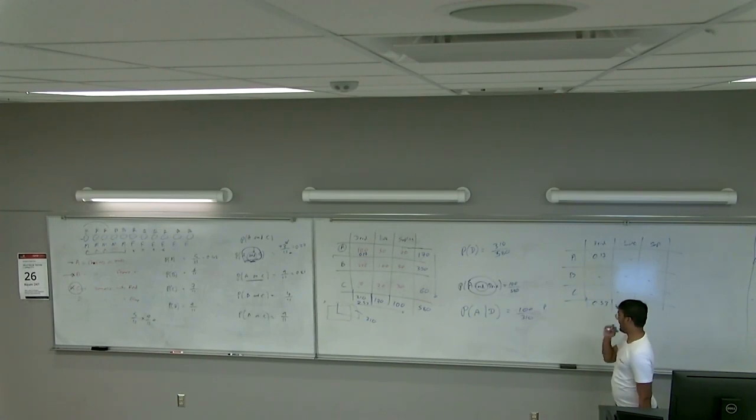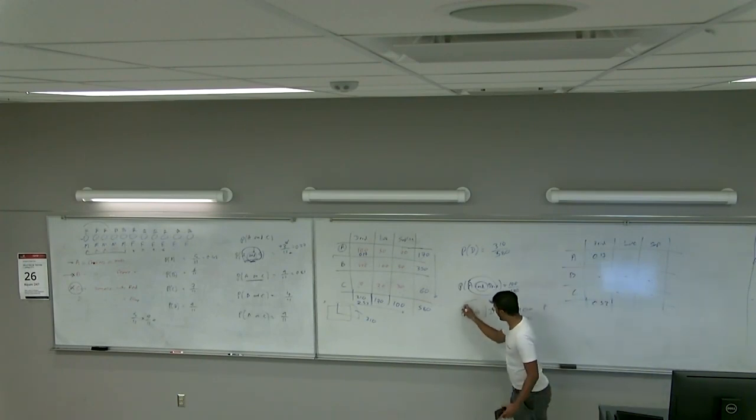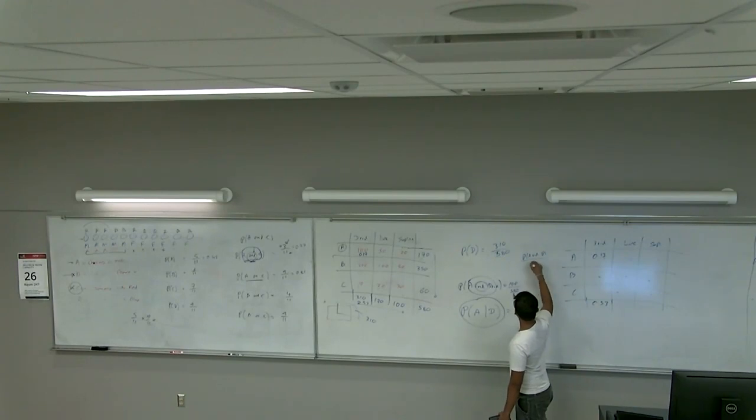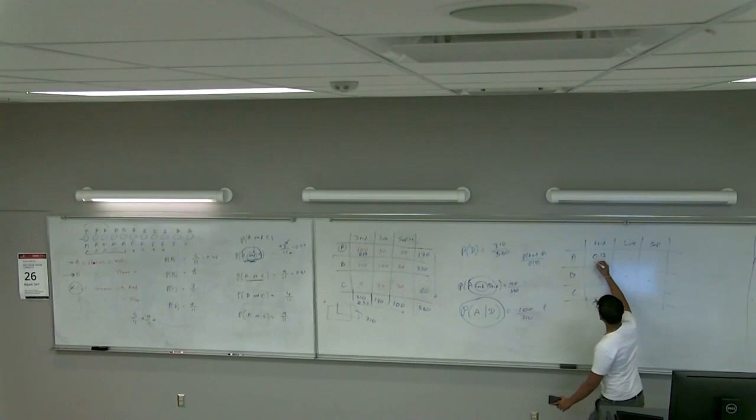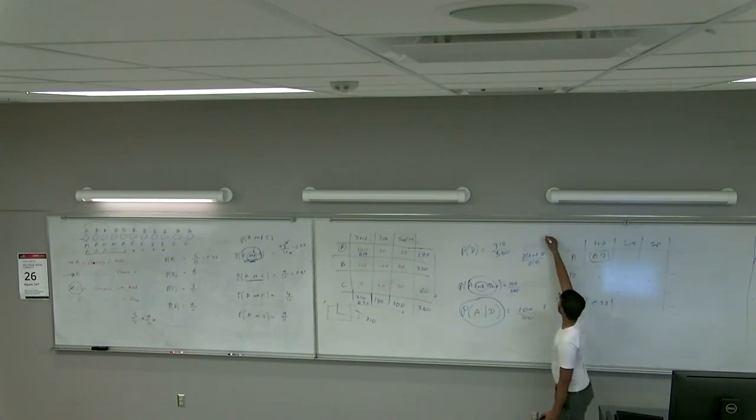Okay? And if they ask you to calculate this one, what you need is probability of A and D divided by the probability of D. Now, A and D is directly given. You don't have to do anything else. So we have 0.17 divided by P(D).